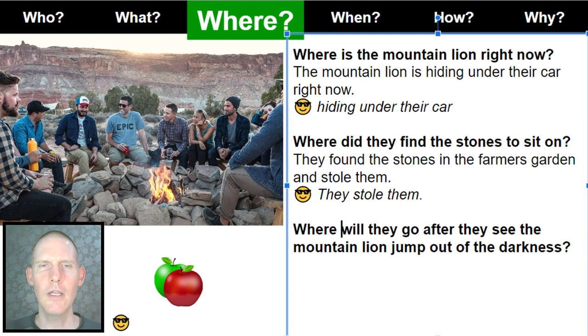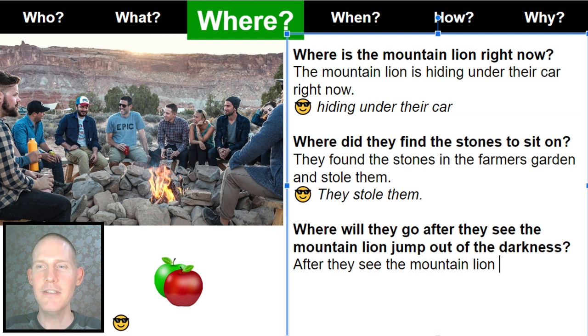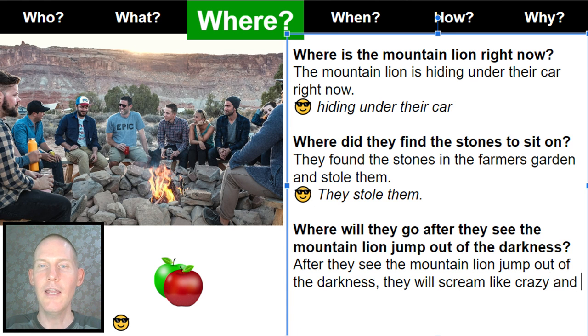All right, let's see. Where will they go after they see the mountain lion jump out of the darkness? All right, let's do a complete sentence, a complete answer. We could say, after they see the mountain lion jump out of the darkness, they will scream like crazy and run into the forest, which probably won't be a good idea.